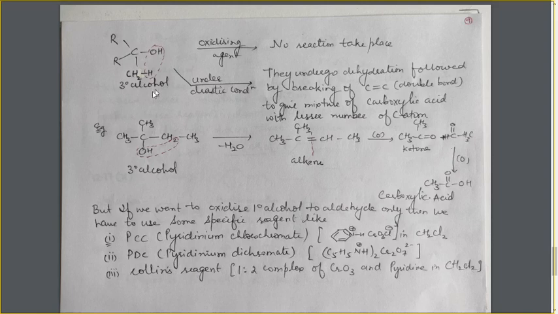But what happens if we use 3 degree alcohol? If we use all those reagents, that is acidified KMnO4, acidified potassium dichromate, and Jones reagent, that is acidified chromium trioxide CrO3, then no reaction will take place under normal conditions, that is, at normal temperature and pressure, no reaction will take place.